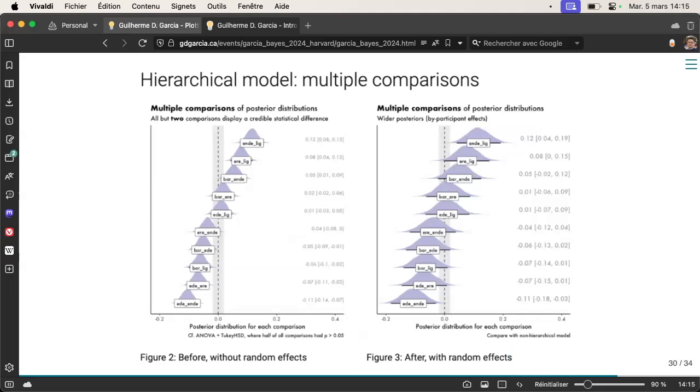Once we do this for one model, we can use the same code and just adapt it to a different model. Here is exactly the same ROPE. The ROPE doesn't change because you have random effects. So the posterior distributions are very different. They're much, much wider, which makes sense because we're now accounting for the variation that we have across participants.